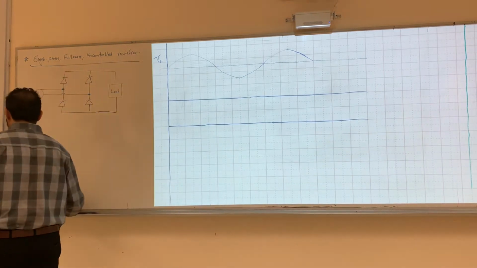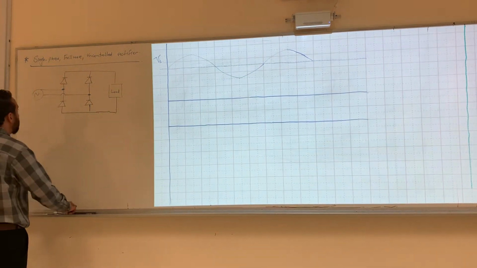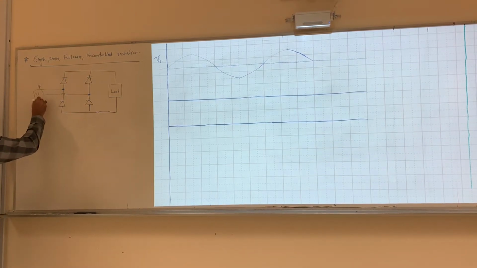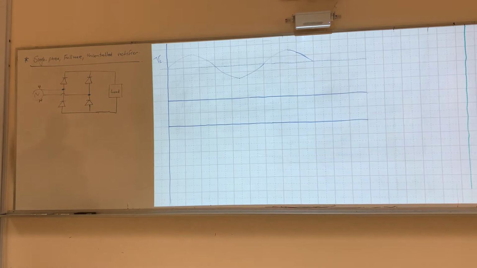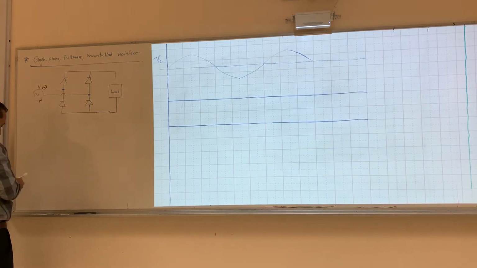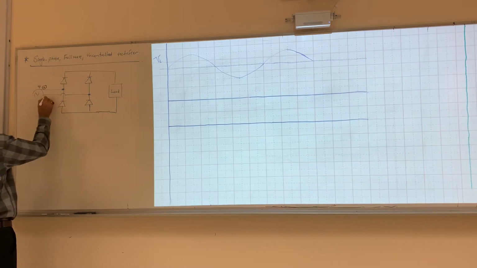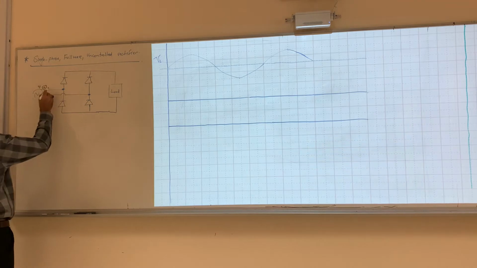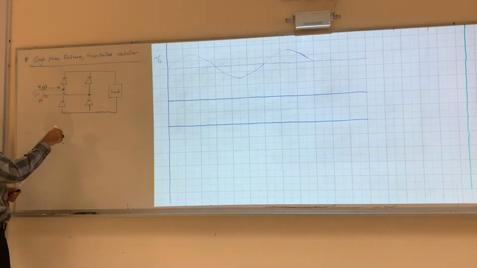So let's look at the current. This is the line and neutral, and this is the positive here, and this is the negative. So the positive will go here, it cannot go down, it will go up.